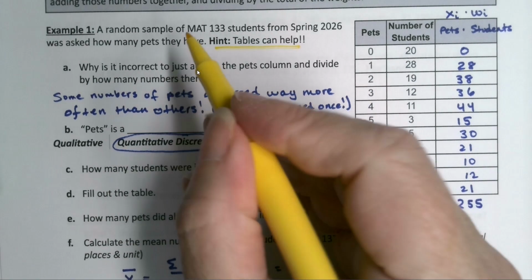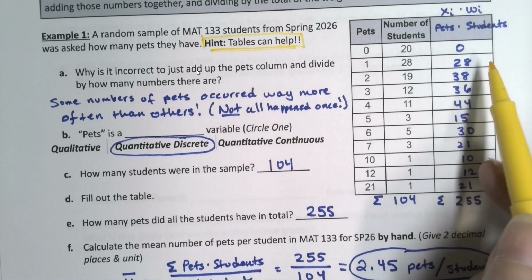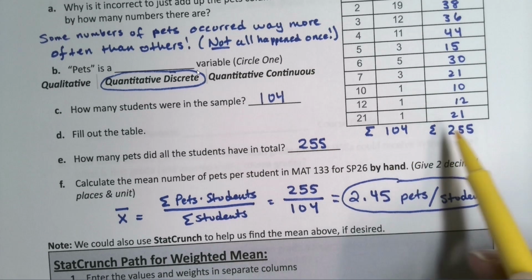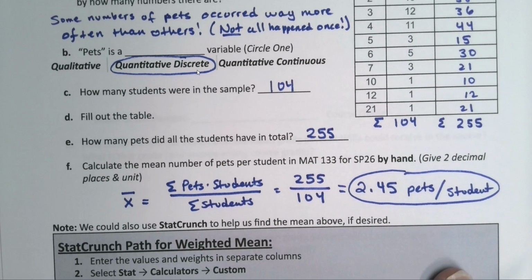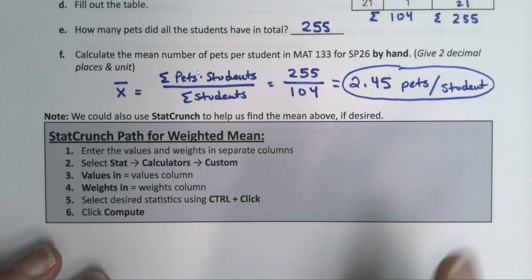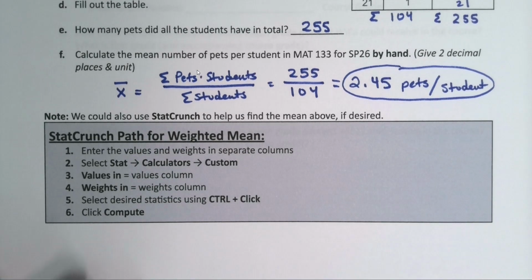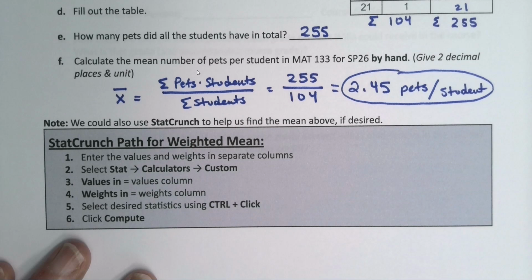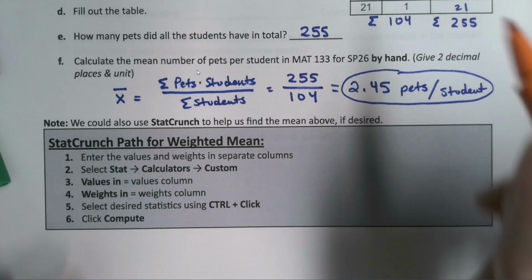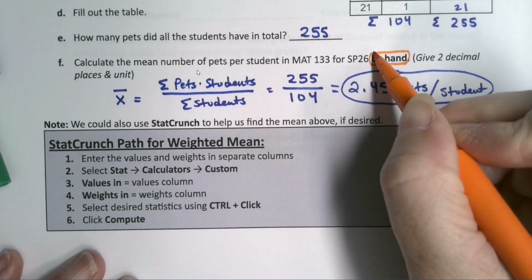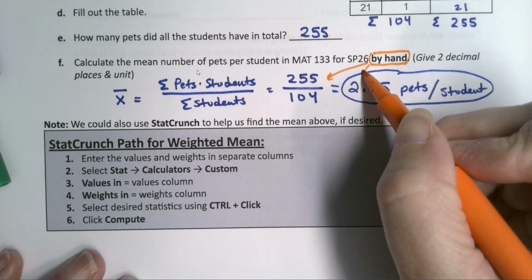Because if it's in a table, then it's pretty easy to multiply, then just add, and then divide those additions. But again, you can also use this method as well to verify your work. Or if it doesn't say to do it by hand, then you could use StatCrunch all along. This particular one said to do it by hand, so that's why we're showing that work.